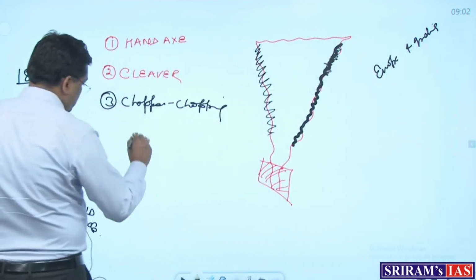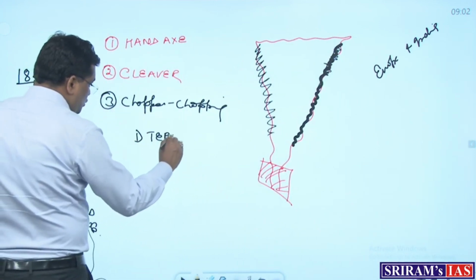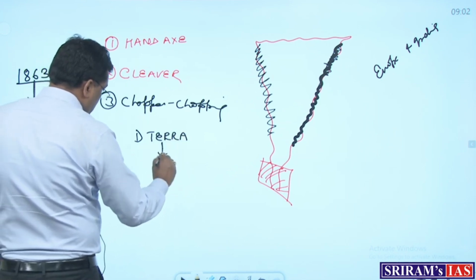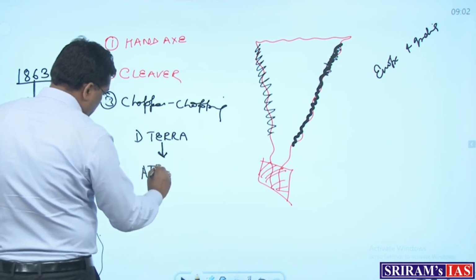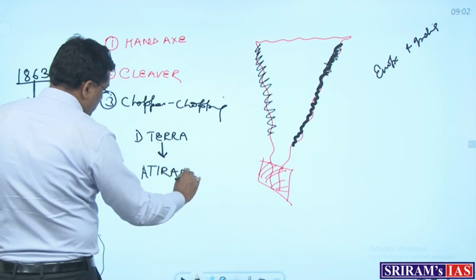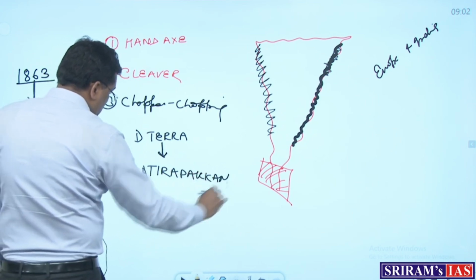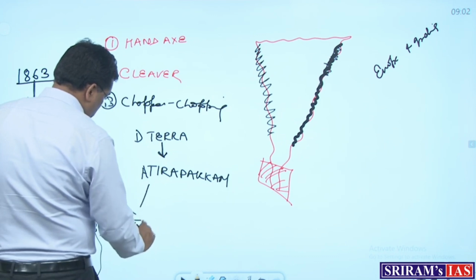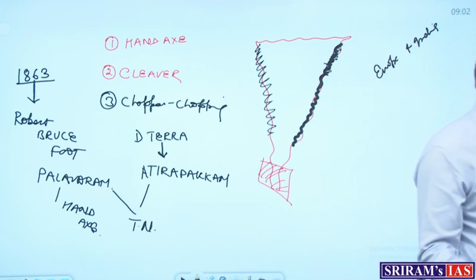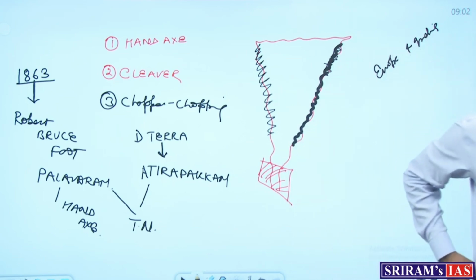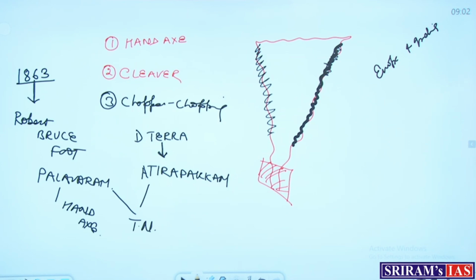Then De Terra also found Paleolithic tools at Attirampakkam. So these two places are in Tamil Nadu, found by De Terra and Robert Bruce Foote, both.